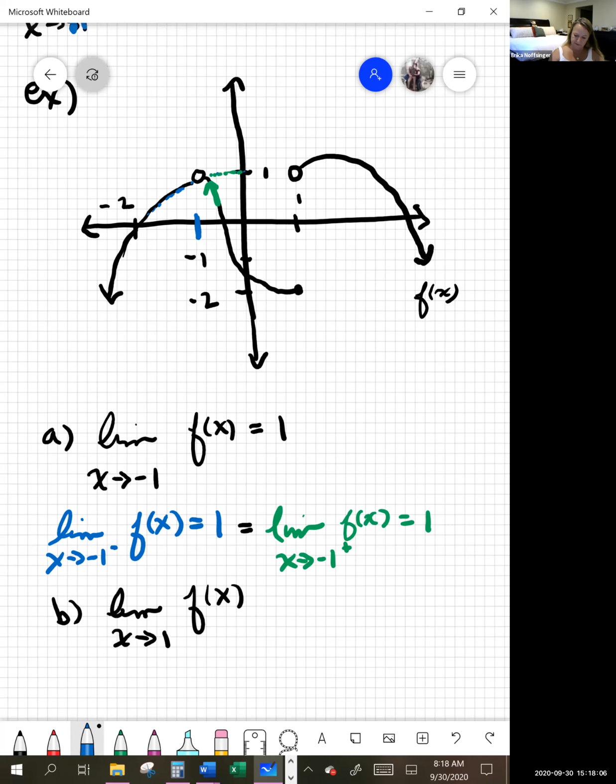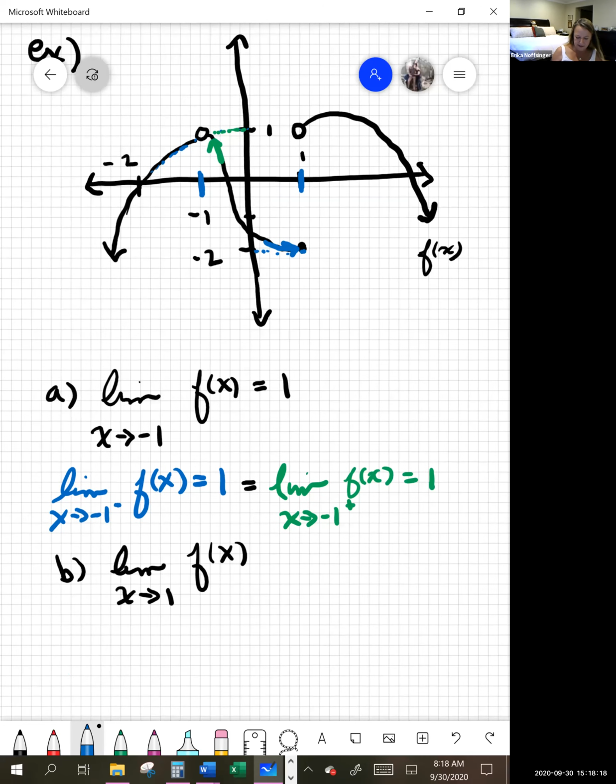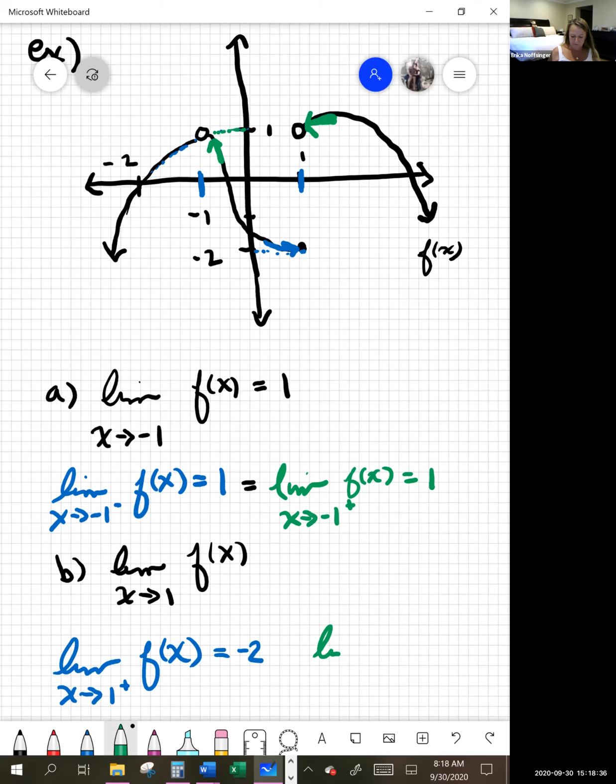But it's different when we're looking at positive 1. If we're coming on the left-hand side of positive 1, the y value that we're getting closer and closer to, and actually hit in this case, is -2. Whereas if we're approaching it on the right-hand side, oops, did the wrong symbol there.